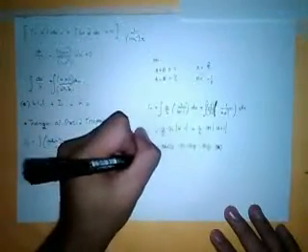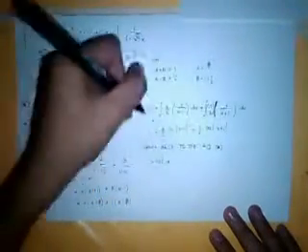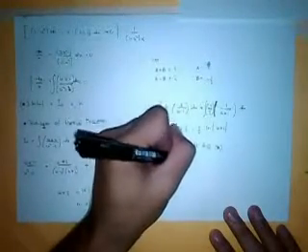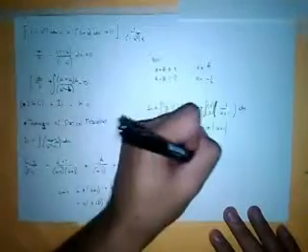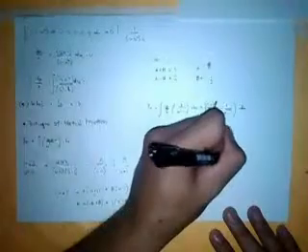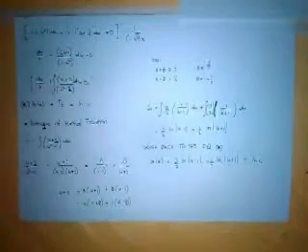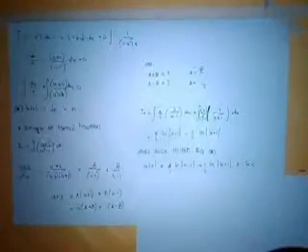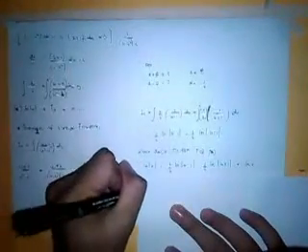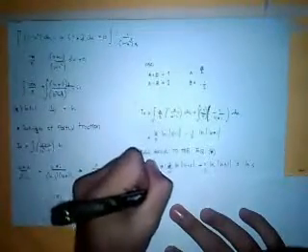So ln of x plus I naught, which is our I naught, 3/2 of ln of u minus 1 minus 1/2 of ln of u plus 1 is equal to ln of c. So I'm going to rewrite the equation.